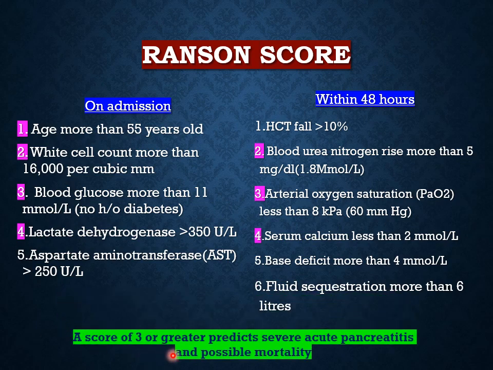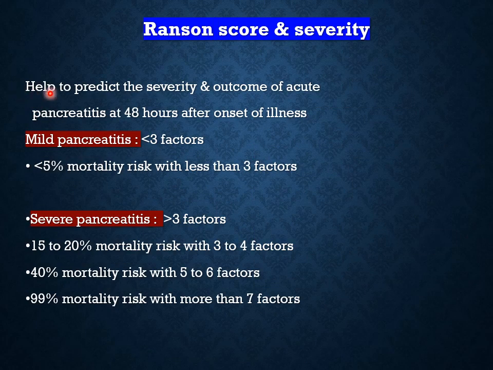A score of 3 or greater predicts severe acute pancreatitis and possibly high mortality. Here again, the Ransom score is used to help predict the severity of the outcome of acute pancreatitis at 48 hours after the onset of the illness. Mild pancreatitis, less than 3 factors positive, and mortality is around 2%, very much lower than 5%.